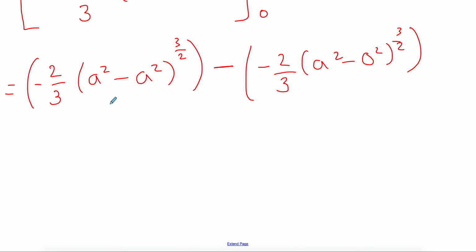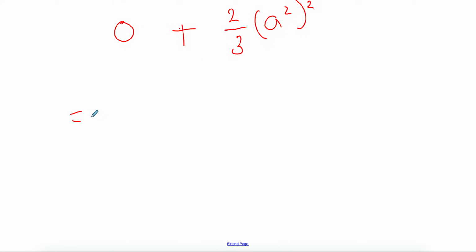So this will end up being a 0. 0 times all of this will be a 0, so you have a 0 here. And then you have a minus minus, so that's a plus. So just these two, and you end up with 2 over 3 a squared to the power of 3 over 2.